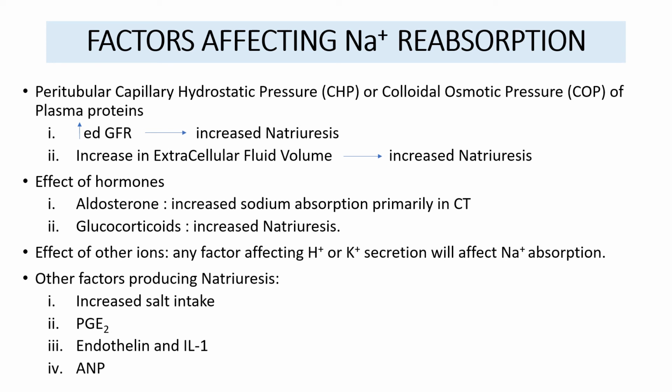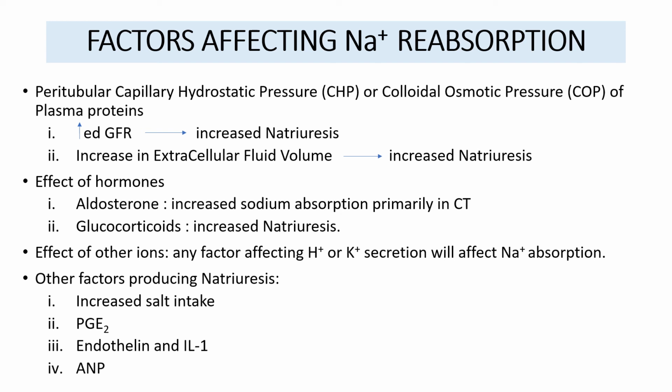Then in the basolateral membrane, sodium is transported to the interstitial space via the sodium potassium pump. Along with this there is also passive transport of sodium in the PCT.